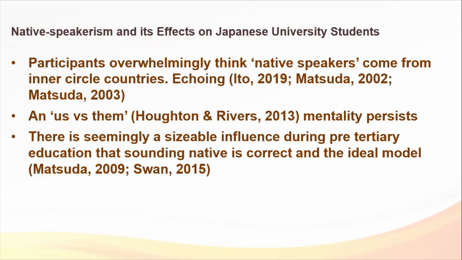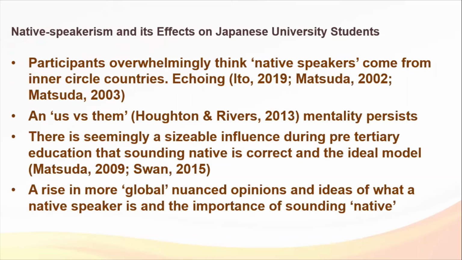There is seemingly a sizable influence during pre-tertiary education that sounding native is correct and the ideal model, same as previous studies. But there is a rise in more global, nuanced opinions and ideas of what a native speaker is and the importance of sounding "native."